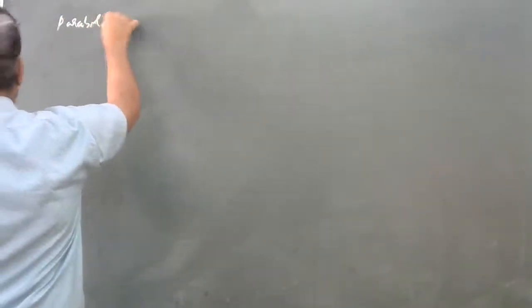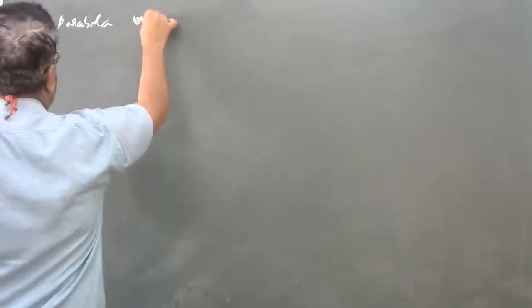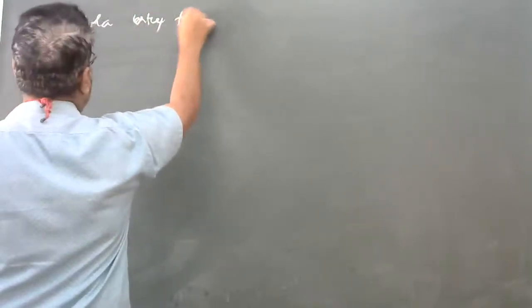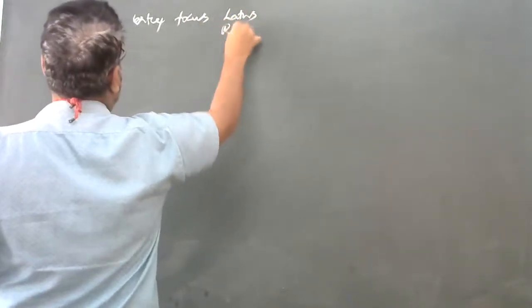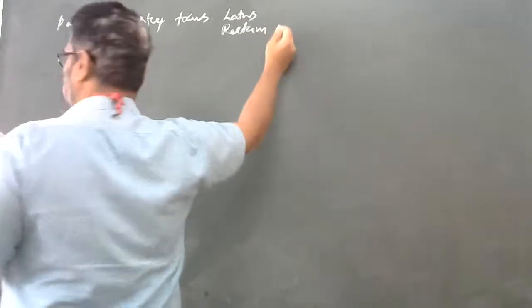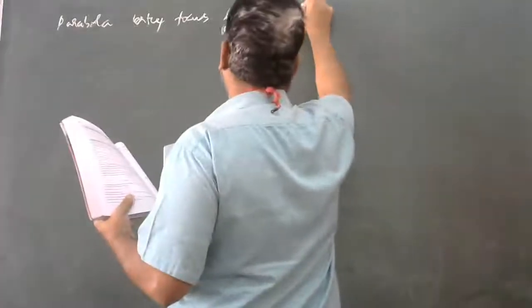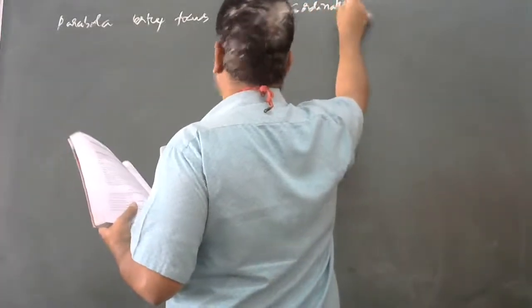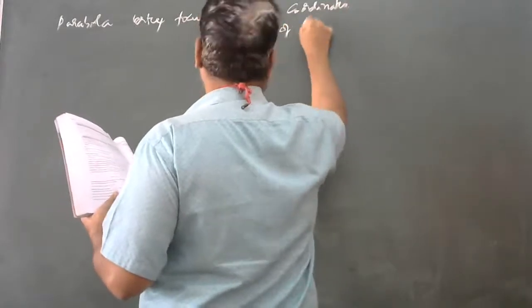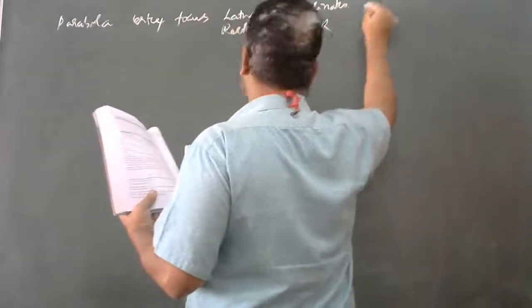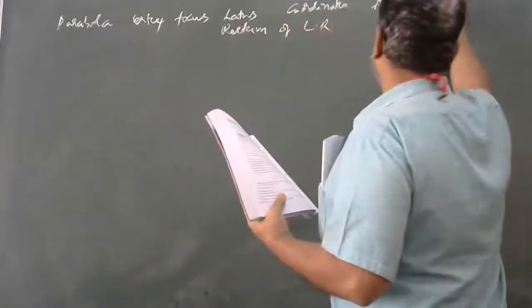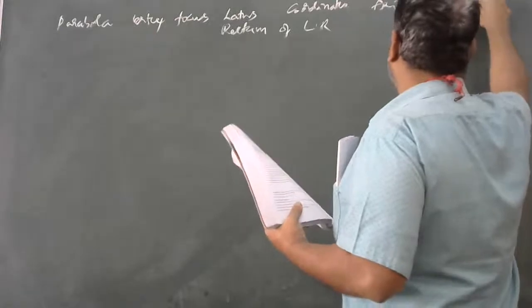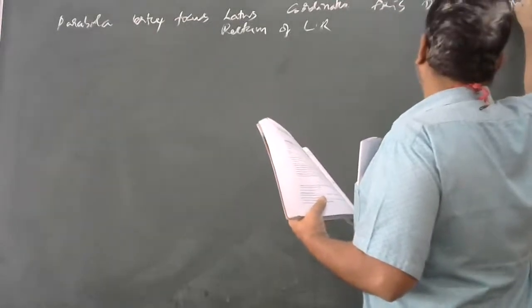So, type of parabola, I made a table: parabola, vertex, focus, latus rectum, coordinates of latus rectum, axis, directrix, and symmetry.